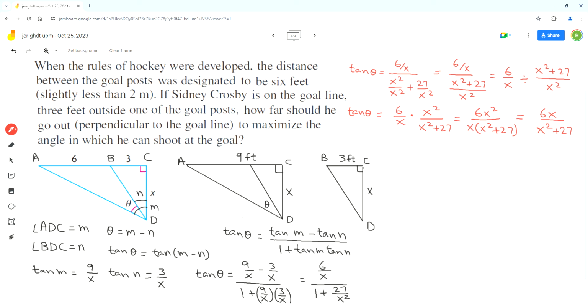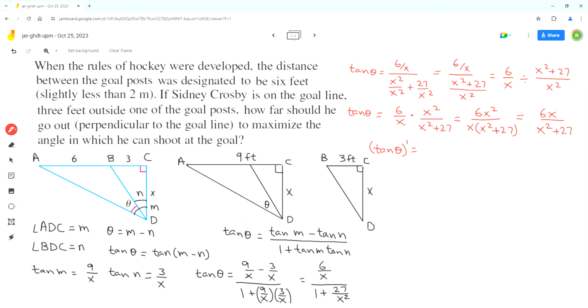Next, we should find the derivative of this tan function and set the derivative equal to 0 to find the x values at which the tangent is horizontal. At peak points in the tan function, the tangent will be horizontal, and at those values, the slope of the tangent will be equal to 0, or the derivative will be equal to 0. Since this expression is a fraction, we can use the quotient rule to find the derivative.